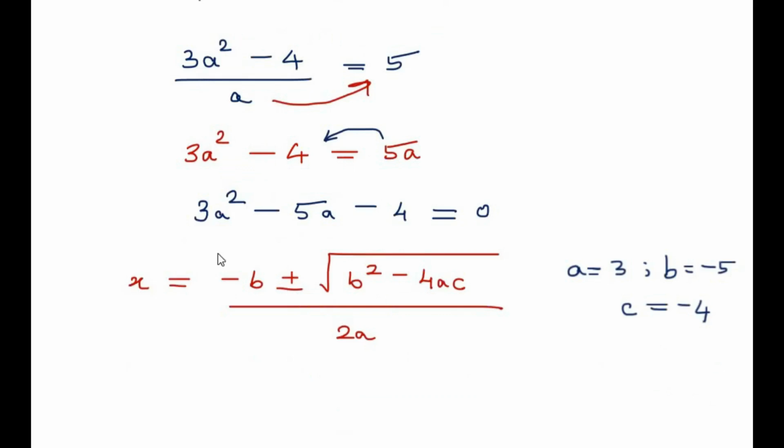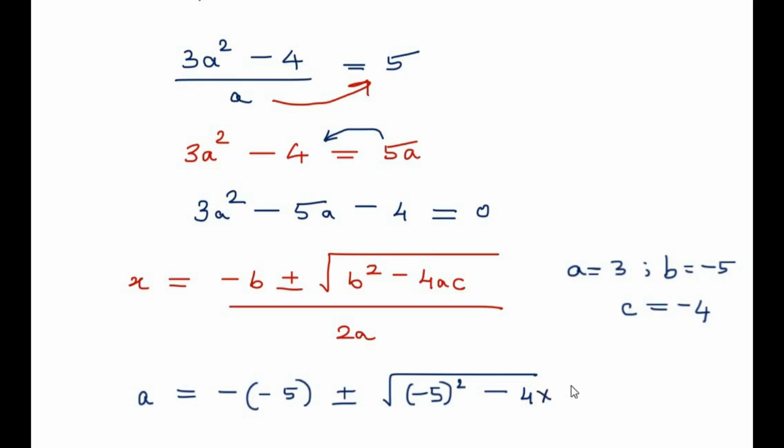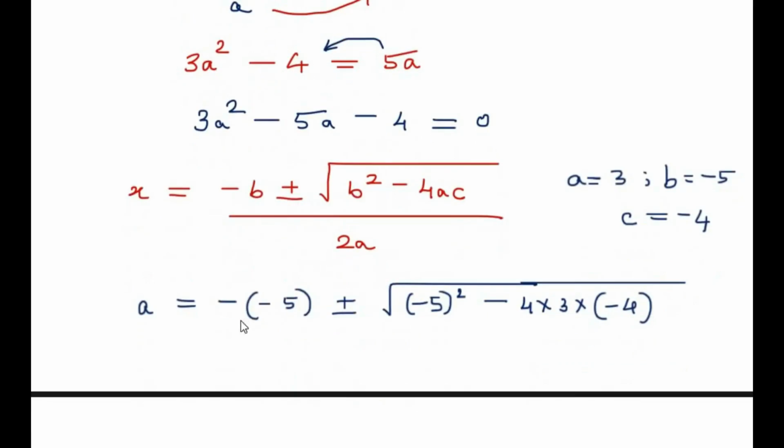Here our x represents a, so a is equal to negative of -5 plus minus square root of b square, that is -5 square, minus 4 times a, which is 3, times c, which is -4, divided by 2 times a. So 2 times 3 gives us 6.